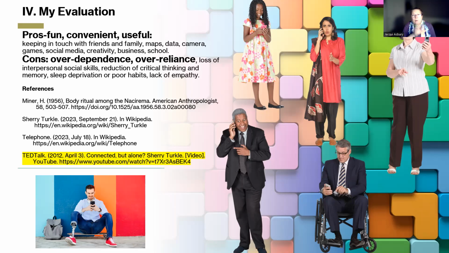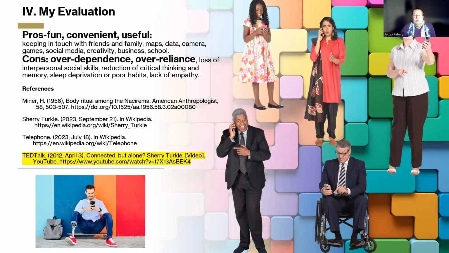She talks about the overdependence on technology and our cell phones, the loss of interpersonal social skills. People say they'd like to learn how to have a nice conversation, but they don't want to get off their cell phone to do it. You walk into a classroom, people are looking at their cell phone. People aren't talking to each other anymore. Critical thinking skills are reduced. Memory skills are reduced.